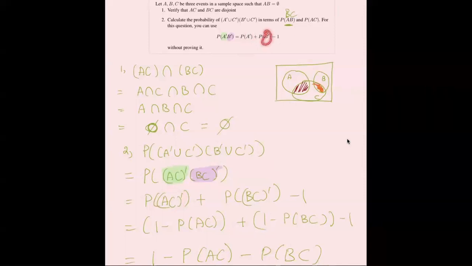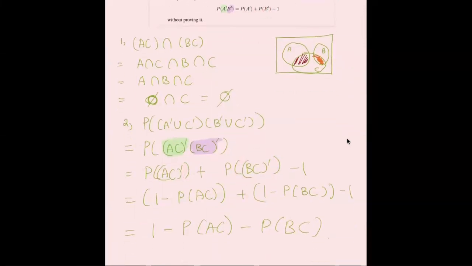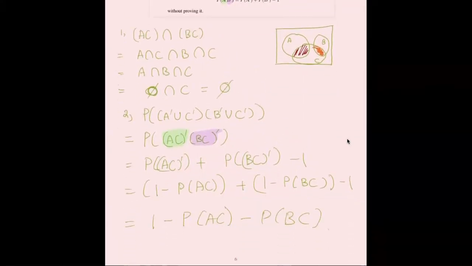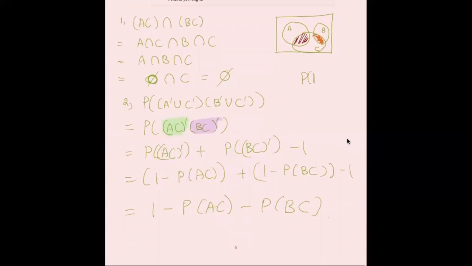Instead of B complement, I put in BC complement. So that's all I do. And then I use the formula where probability of A plus probability of A prime is equal to 1. So we have probability of A prime is 1 minus probability of A.